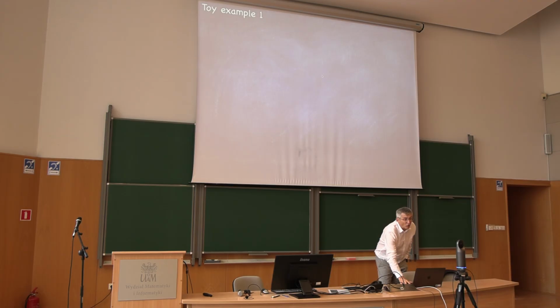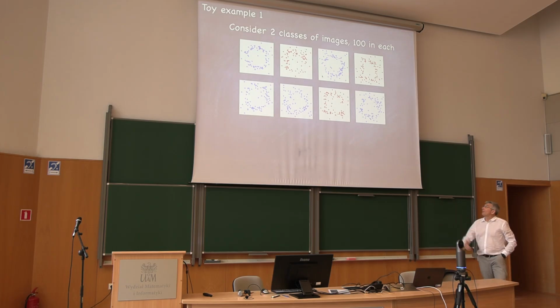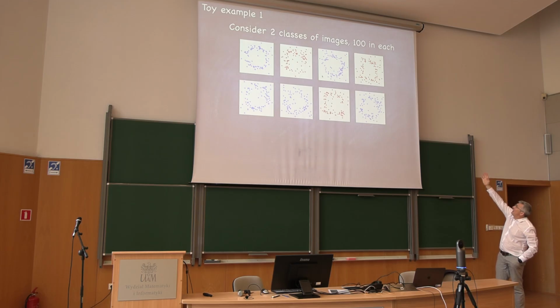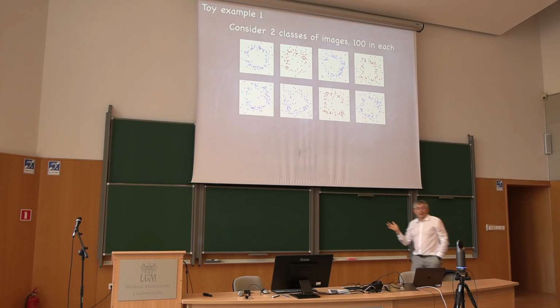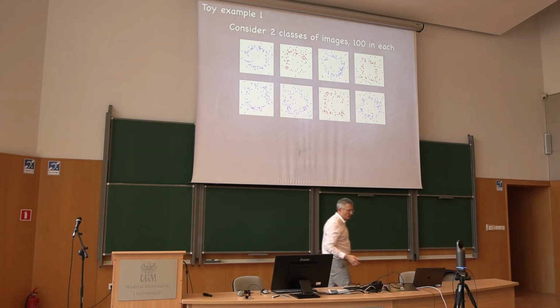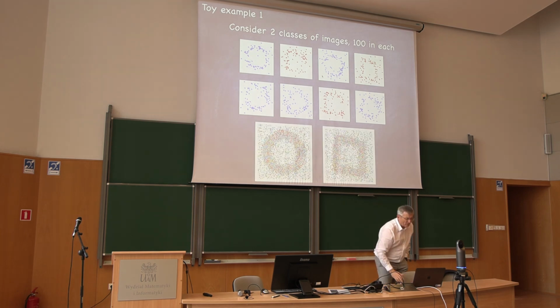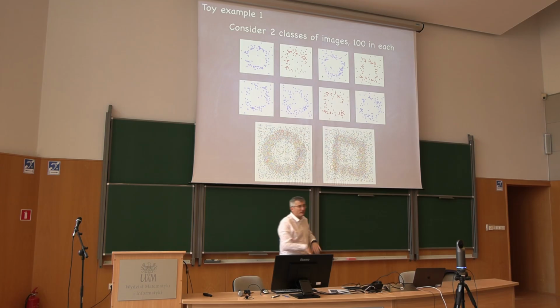All right, so let's look at another toy example. I have 200 images, some point clouds. Some of them are labeled blue, some are labeled red, and you have to figure out how they split. When I draw all of them together, you can sort of see the difference.